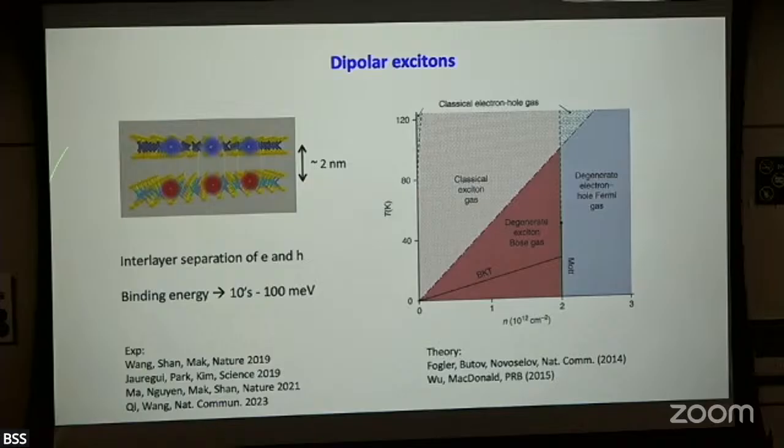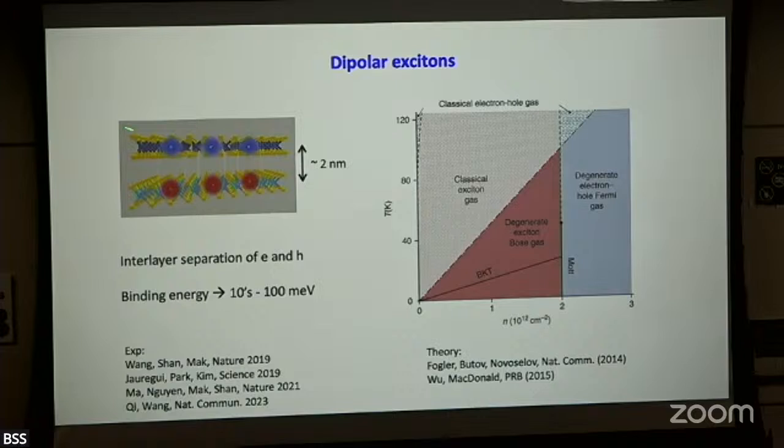And so our group, Kim and Fang's group, experimentally realized this platform for some time. On the right hand is just a very simple calculation by Michael Fogler and collaborators.